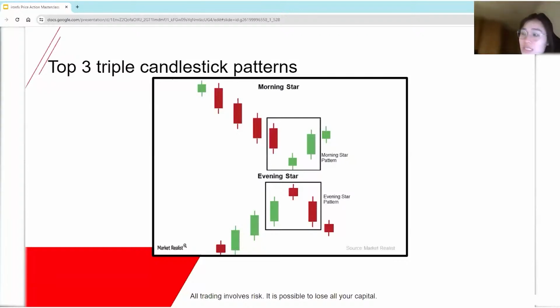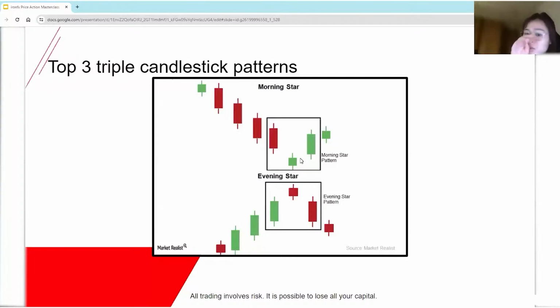Okay, so the morning star typically occurs at the end of a downtrend. That's why we say it's a reversal. So the first candle, which is this red one, is a long bearish candle, which indicates a strong downtrend. Whereas our second candle tends to be a smaller shape, can be bullish or bearish actually, that gaps down and it shows indecision in the market.